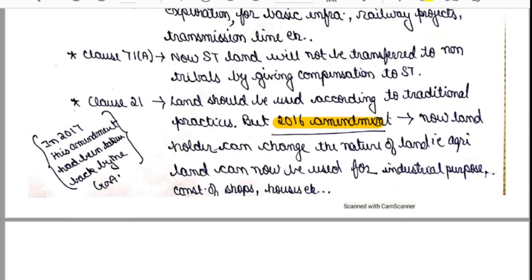But in 2016, the government brought an amendment to clause number 21, and it said that now the nature of the land can be changed or altered. That is, if there is an agricultural land, it can be used for industrial purposes, construction of shops, houses, etc. But again in 2017, our government brought an amendment and took the 2016 amendment back. That is, the nature of the land cannot be changed.